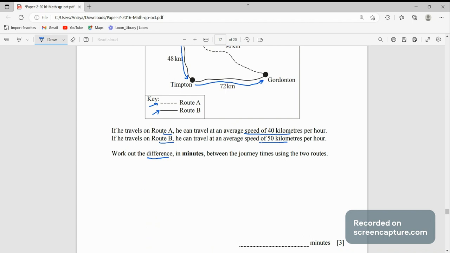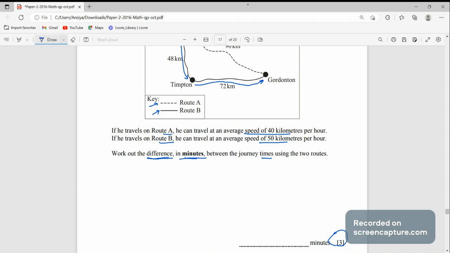Work out the difference in minutes between the journey times using the two routes. Difference means we need to subtract. So we need to find the time of route A and route B, then change them into minutes, then subtract them. It's a 3 marks question. We have to be very careful, get this full mark. Okay?